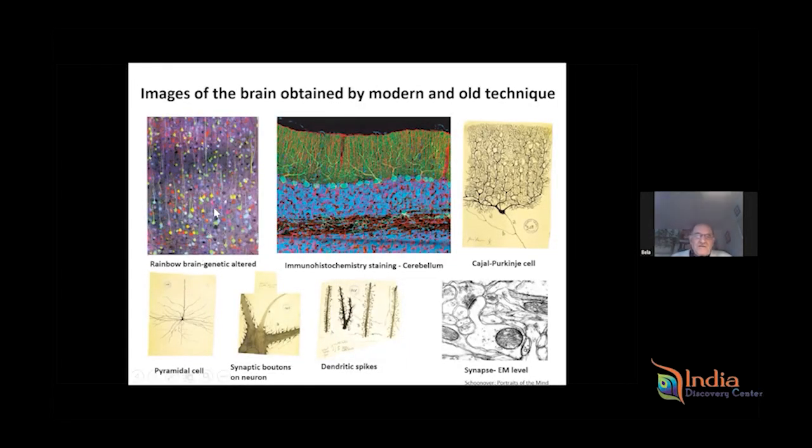Here is the so-called rainbow brain, which was genetically altered so that different types of neuronal cells, pyramidal cells and granular cells, show up, and their location along the cerebral cortex.